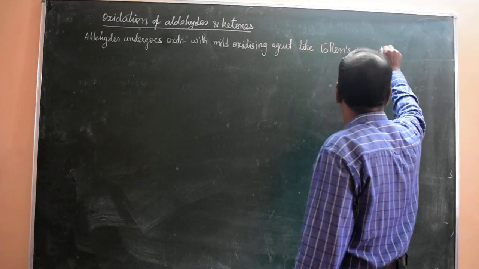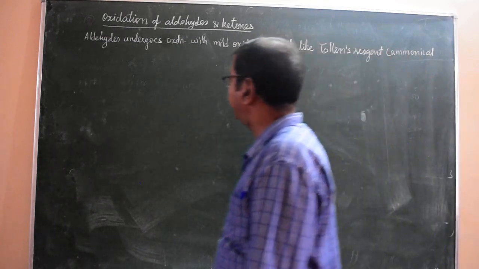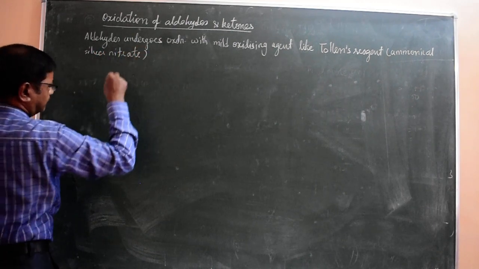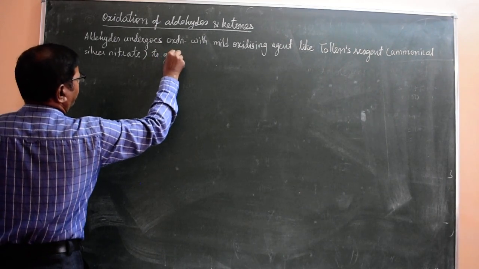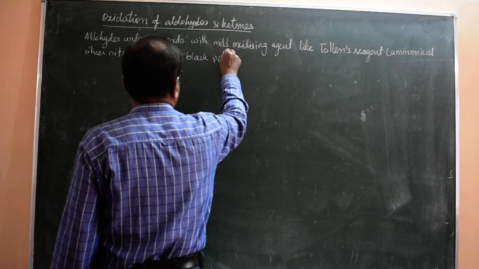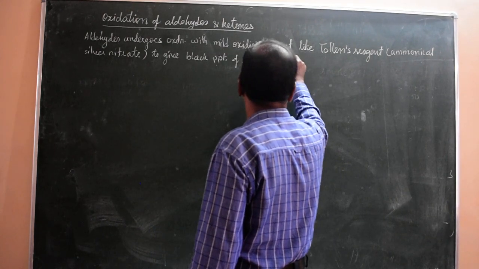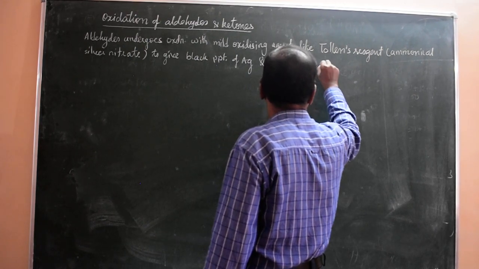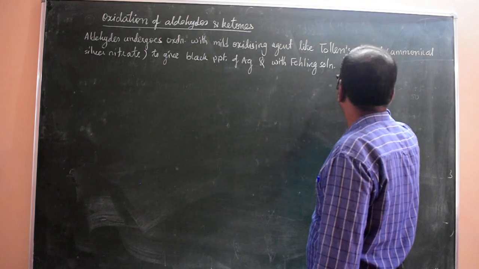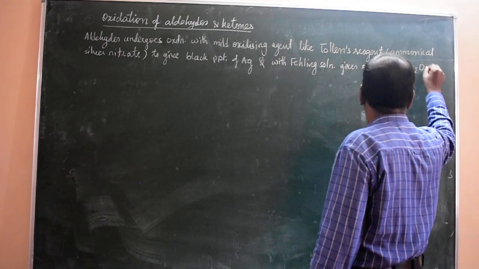It is called ammoniacal silver nitrate, to give a black precipitate of silver, and with Fehling's solution gives a red precipitate of cuprous oxide.